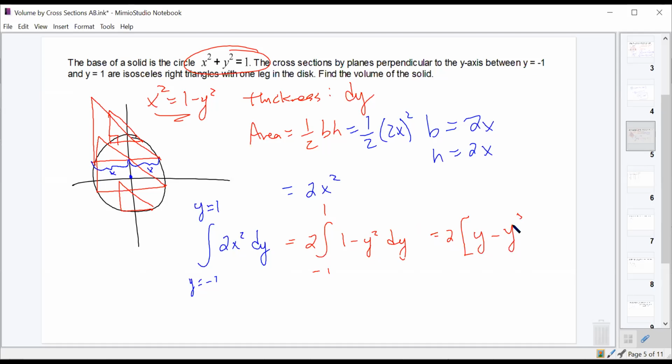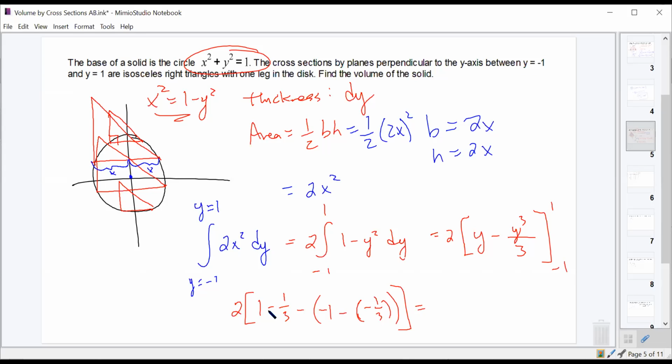y minus y cubed over 3, from -1 to 1. Which gives us 2 times 1 minus a third, minus -1 minus -1/3.